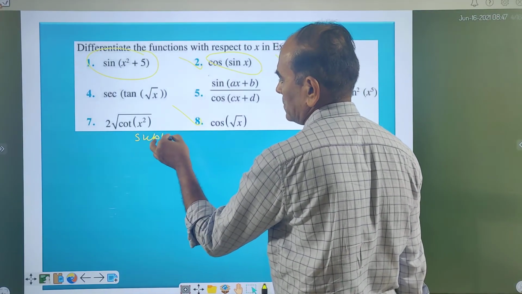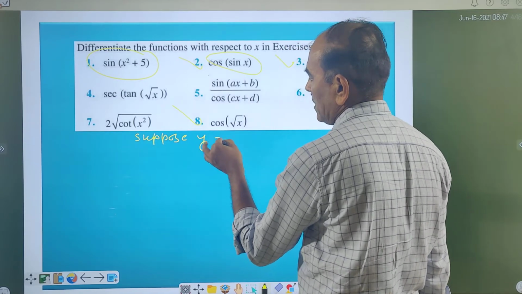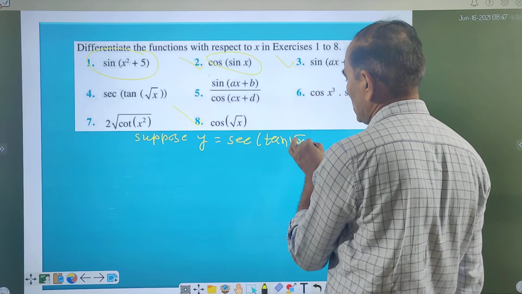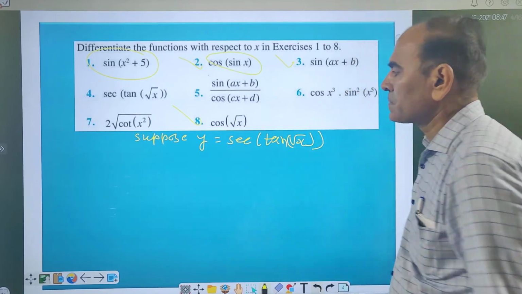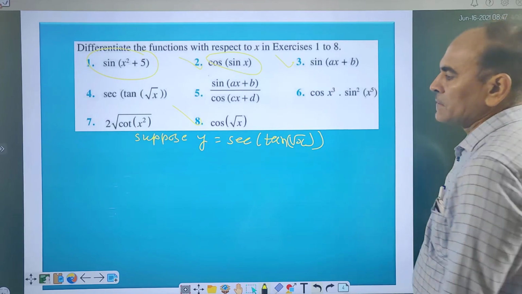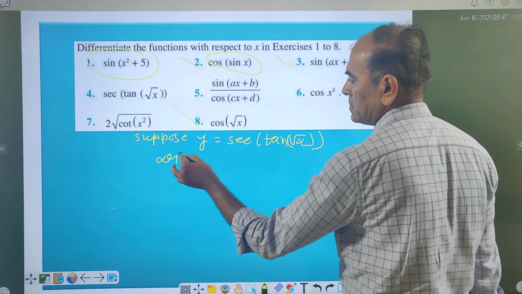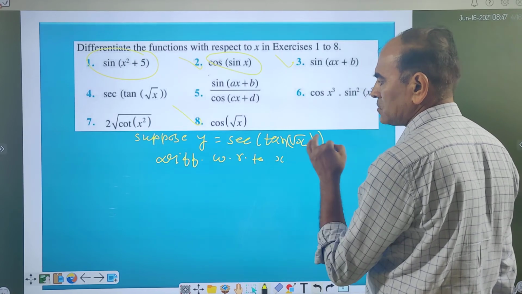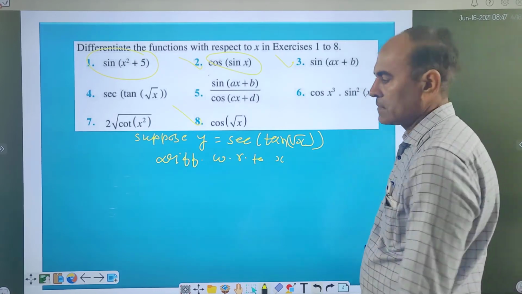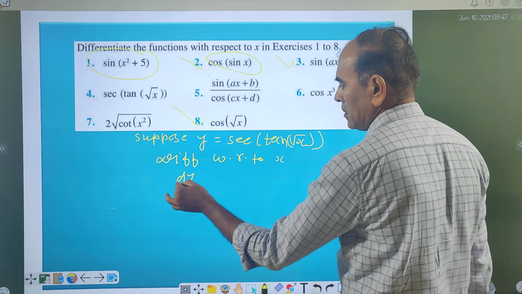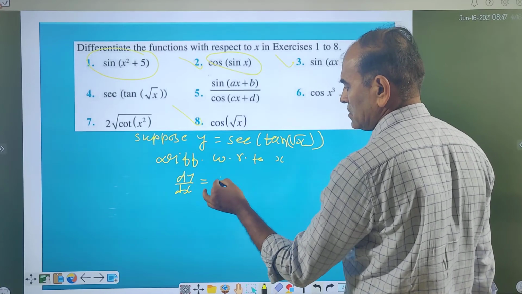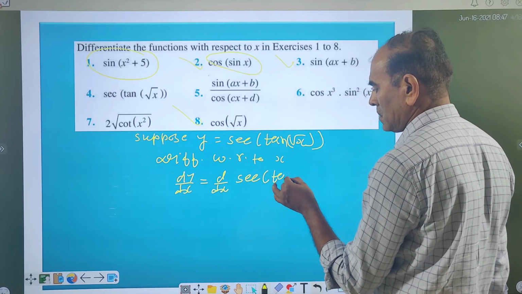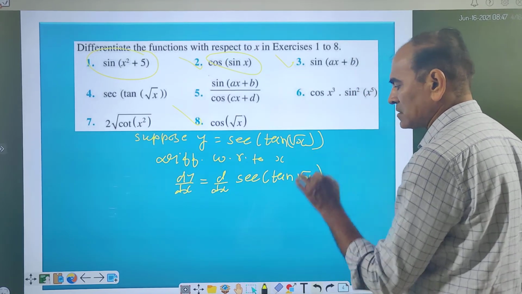Suppose y is equal to sec of tan of root x. Differentiate with respect to x on both sides. What we get here? dy by dx is equal to d by dx of sec of tan of root x.